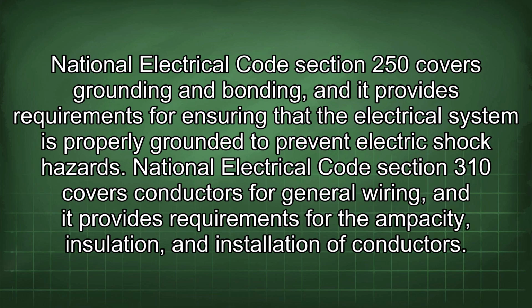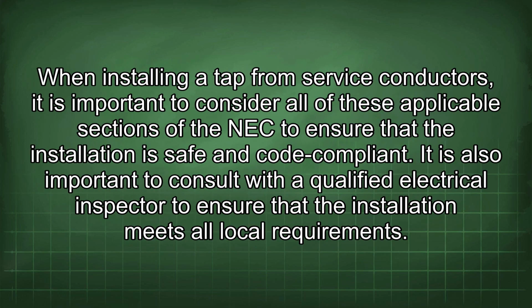National Electrical Code section 310 covers conductors for general wiring, and it provides requirements for the ampacity and installation of conductors. When installing a tap from service conductors, it is important to consider all of these applicable sections of the NEC to ensure that the installation is safe and code compliant.